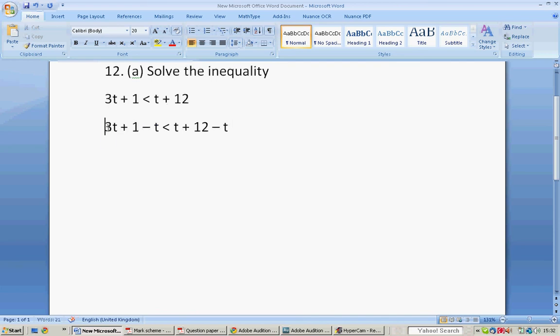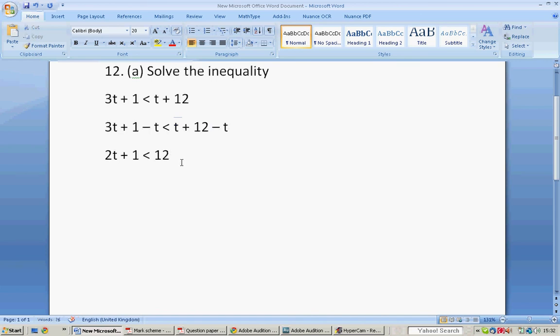Well, 3t minus t leaves 2t, plus 1 remains. Don't be tempted to try to add or subtract 1. We can't add 1 to t because we don't know what t is. And on the other side we have t minus t, which leaves 0. And 0 plus 12 is simply 12.